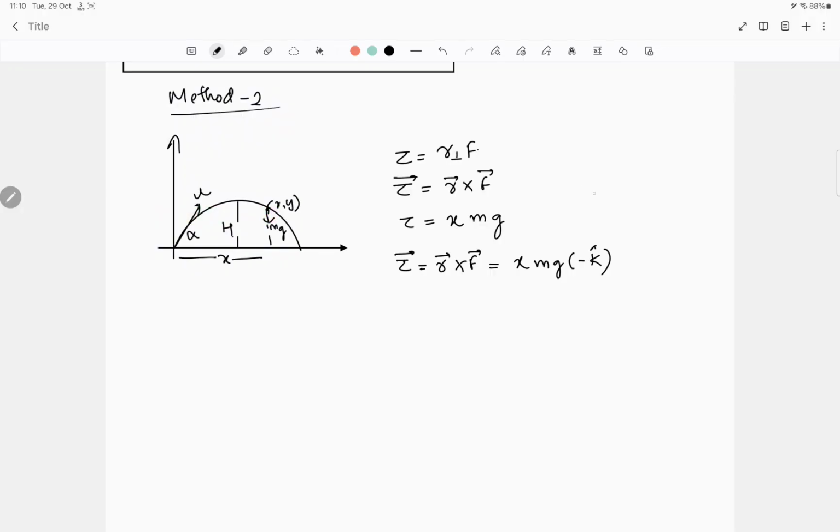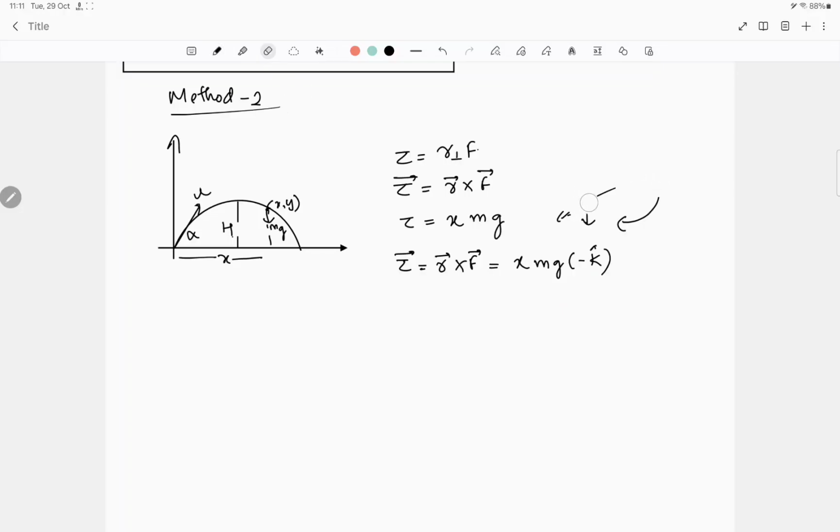We have r like this and g like this. By the right hand thumb rule, if you curl your fingers along this direction, the thumb points away from the screen. This is towards the screen, this is away from the screen, so that is minus k cap. I hope you get it.